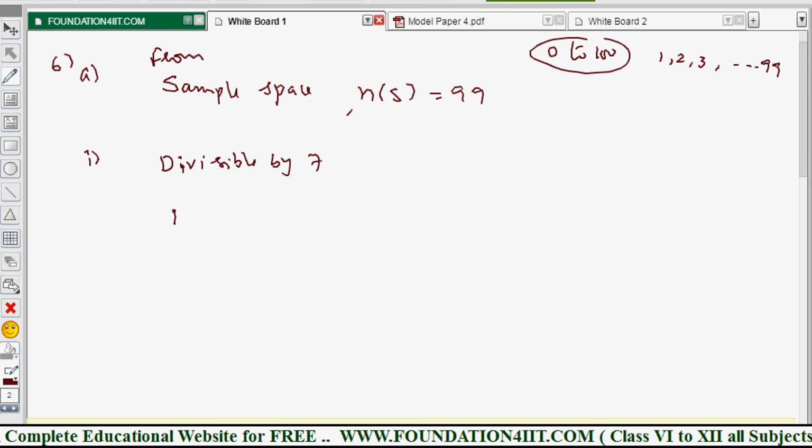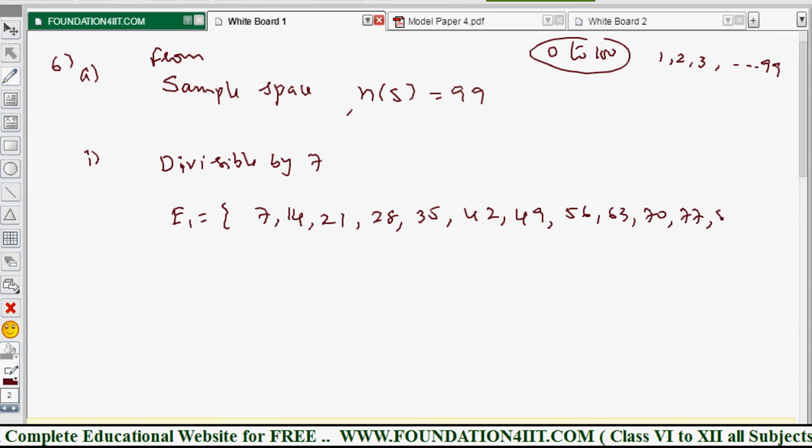Then you can write the favorable cases, that is E1, the first number itself 7. 7 table: 7, 14, 21, 28, 35, 42, 49, 56, 63, 70, 77, 84, 91, 98. That's it. These are the numbers that are divisible by 7. If you count all these numbers, n of E1, there are a total of 14.